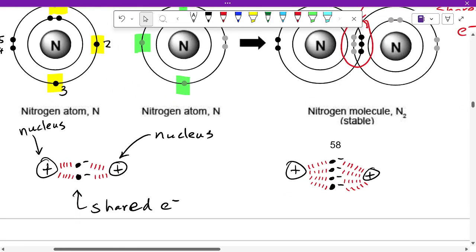Which of those 2 bonds is stronger? If you just had to guess based on what you see. Which one do you think would be stronger?